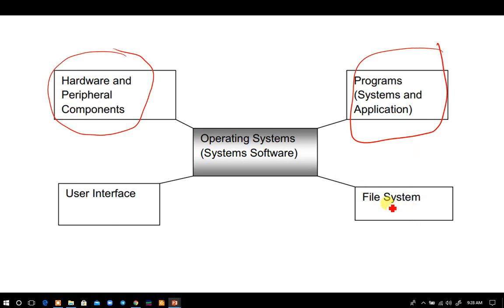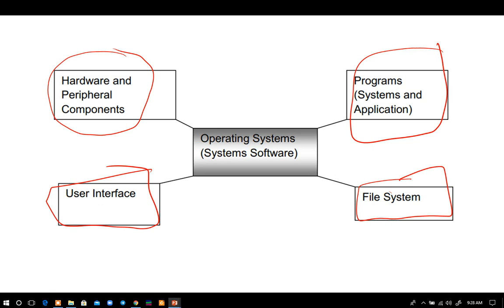It also helps to view the file systems. And it also controls the interface. The interface is just the appearance that you can see on the screen of a computer.